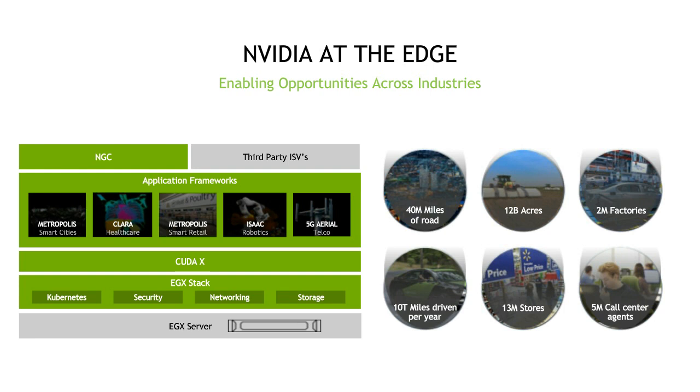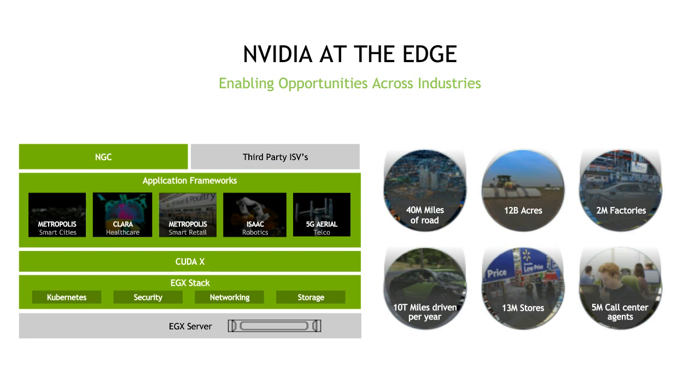And then at the top of the layer there, we have NGC. NGC is NVIDIA's registry of turnkey AI software solutions composed of application containers, models, model scripts, and Helm charts. It leverages NVIDIA's vertical frameworks like Metropolis to build solutions for smart cities, or works with leading ISVs that call the NGC registry their home.